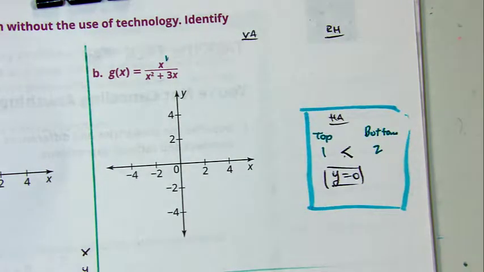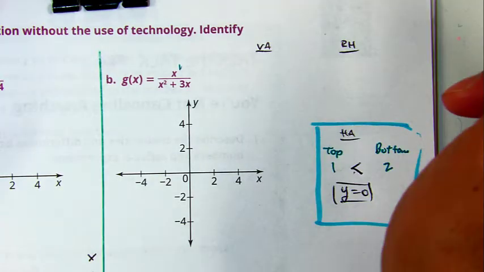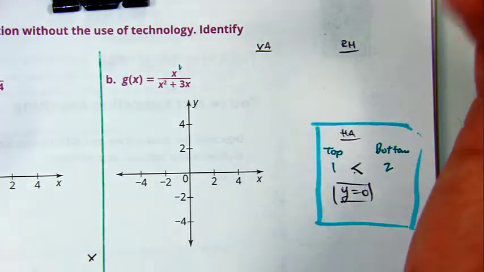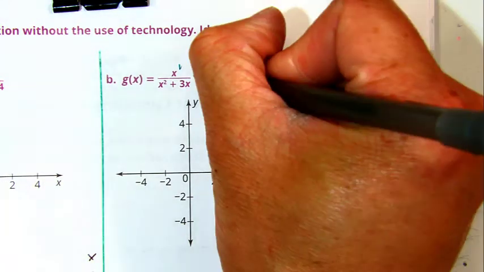Let's call another student. Natalie A. Go ahead and pick one. Okay. How do you find that? Natalie, did you factor?